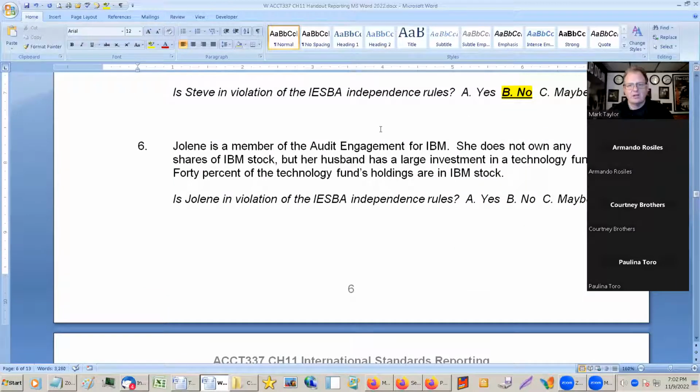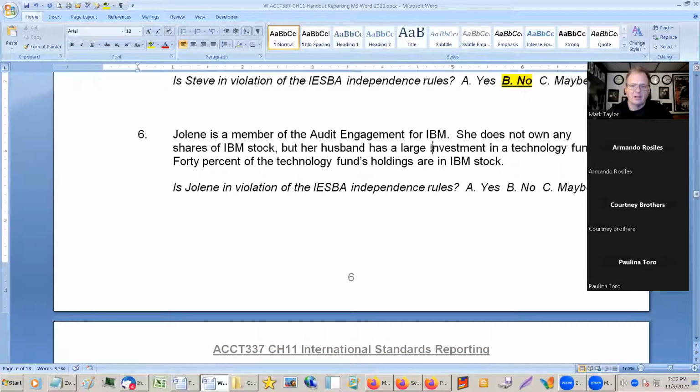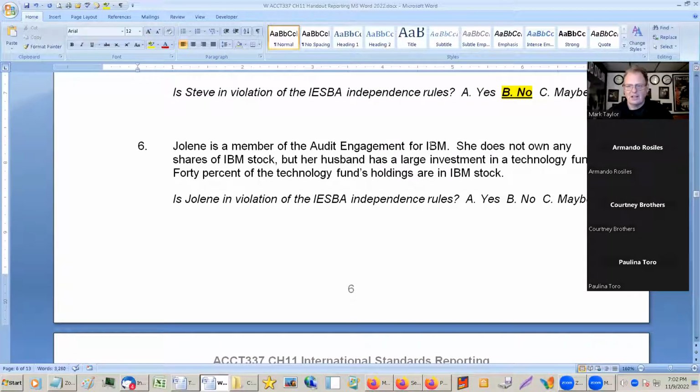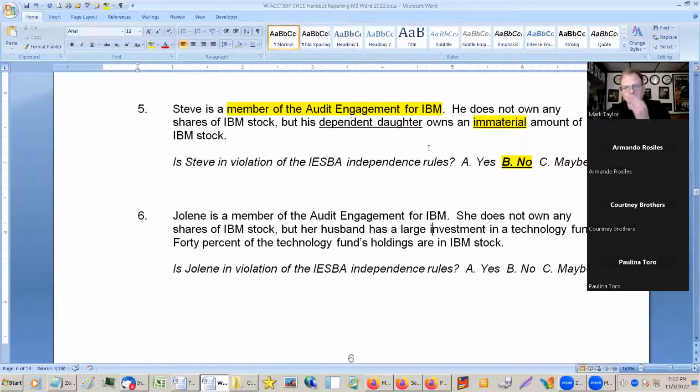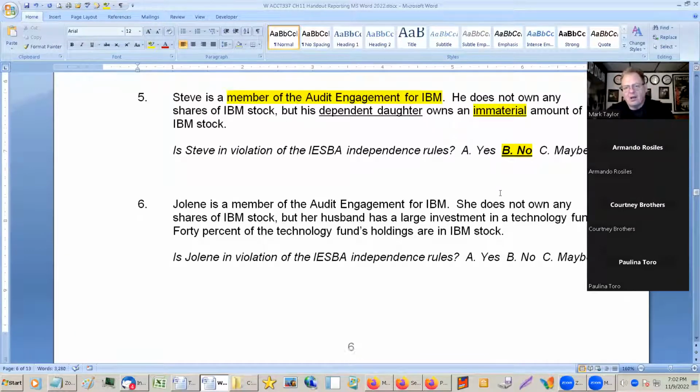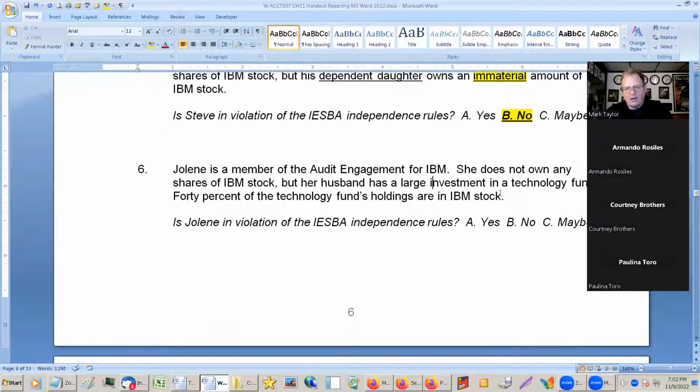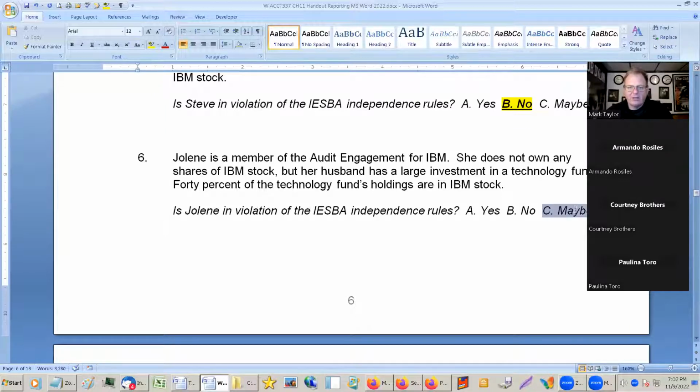Joan is a member of the audit engagement. She doesn't own any stock, but her husband has a large investment. Let's say that it's material, just for fun. Would that be yes? Actually, it's going to be another maybe. It's a family member.